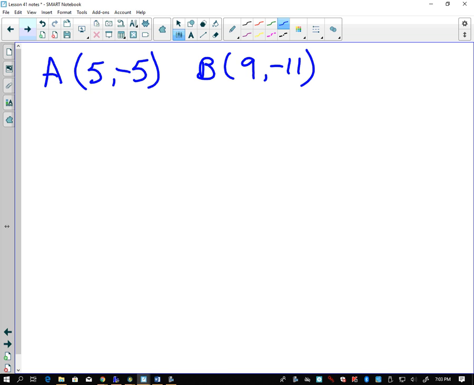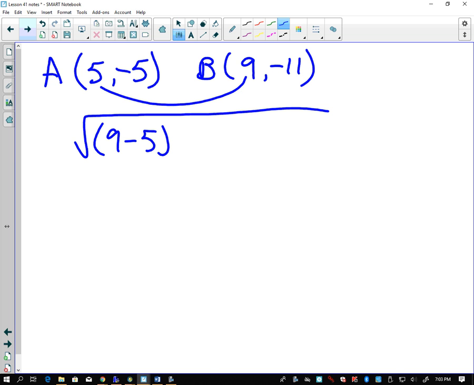Okay, and just for some of you that really prefer the distance formula, you understand that better. We've got our 9 minus 5, that's this 9 minus that 5, squared, plus negative 11 minus negative 5, squared.